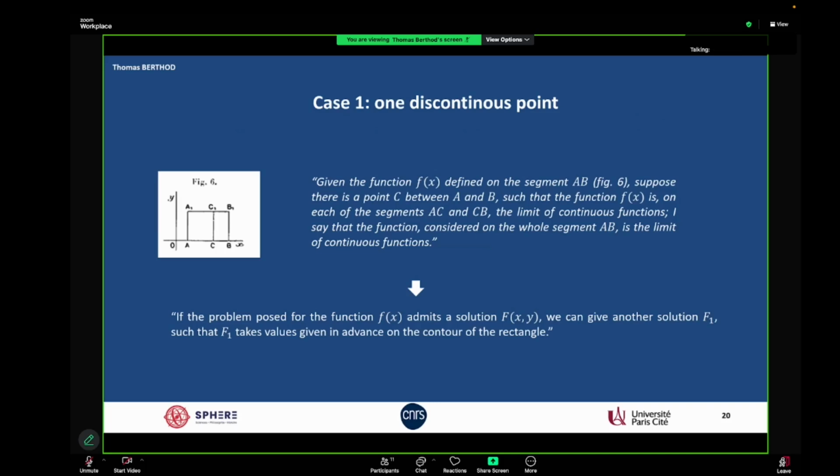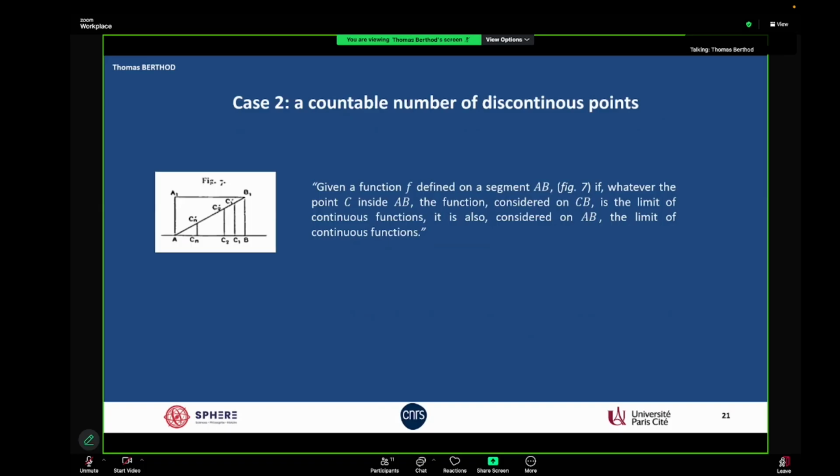So you have the proof very easily thanks to this diagrammatic reasoning, I would say. And this is for one discontinuous point, but he deals with a countable number of discontinuous points, especially the set 1 divided by 2, and so on, 1 divided by n, and so on. So a countable set of discontinuous points that is not dense in the set of real numbers.